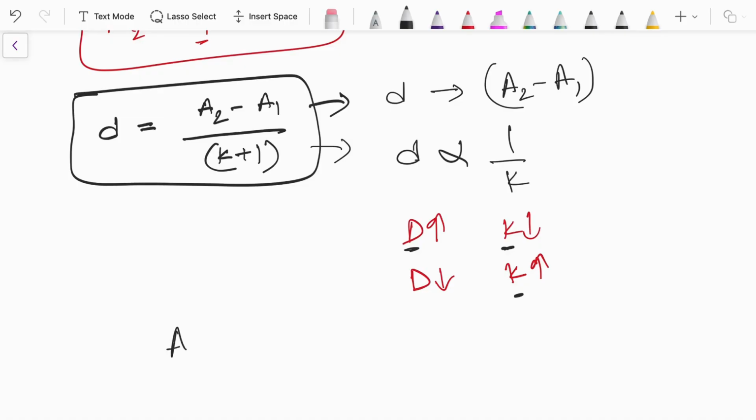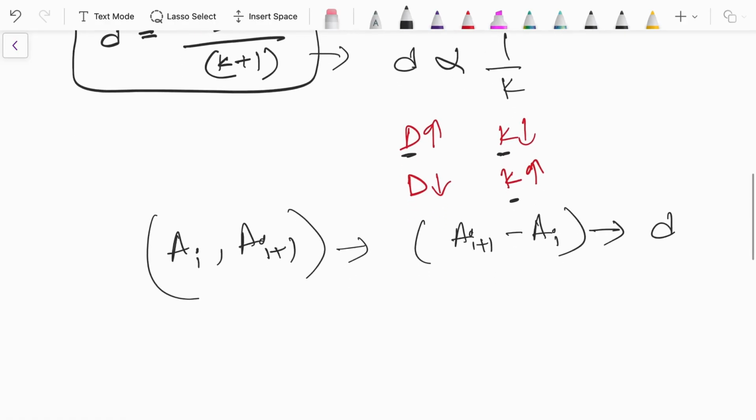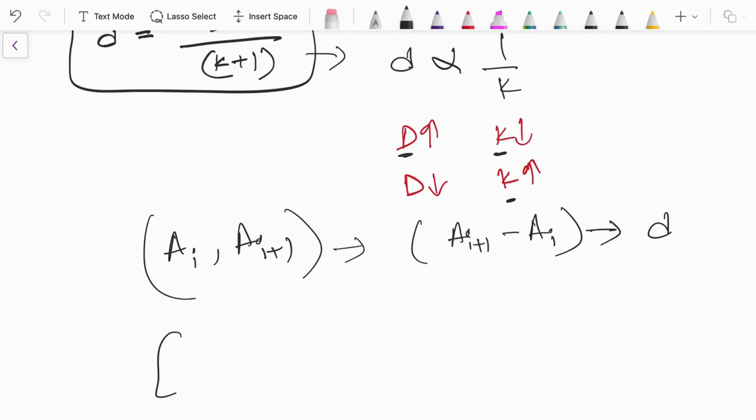That is, we can generalize this to A of i, A of i plus 1. We can say that A of i plus 1 minus A of i should be divisible by the value D. From this, we know that the common difference of the AP must definitely be a divisor of each pair of adjacent differences in the array.